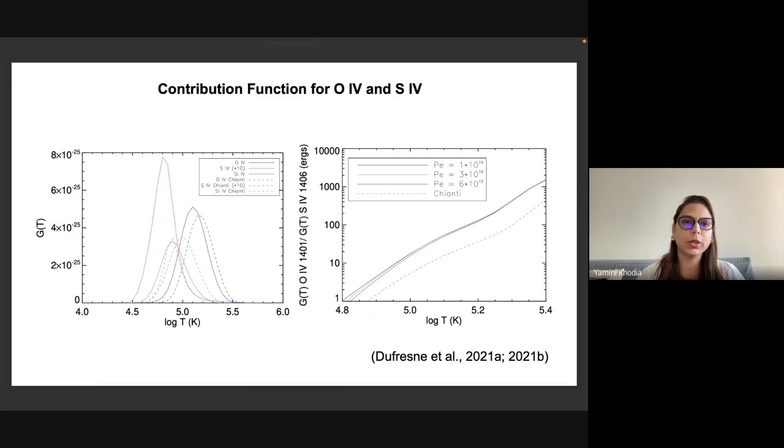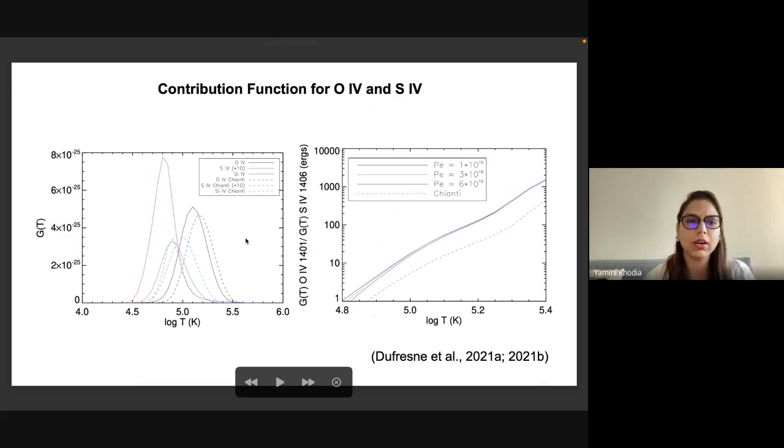In this particular work, we use the new Chianti atomic model by Roger Dufresne, who was a PhD student in our group and is currently a postdoc. He works on improving the atomic modeling in Chianti. On the right panel, there are contribution functions for oxygen 4, sulfur 4, and silicon 4.